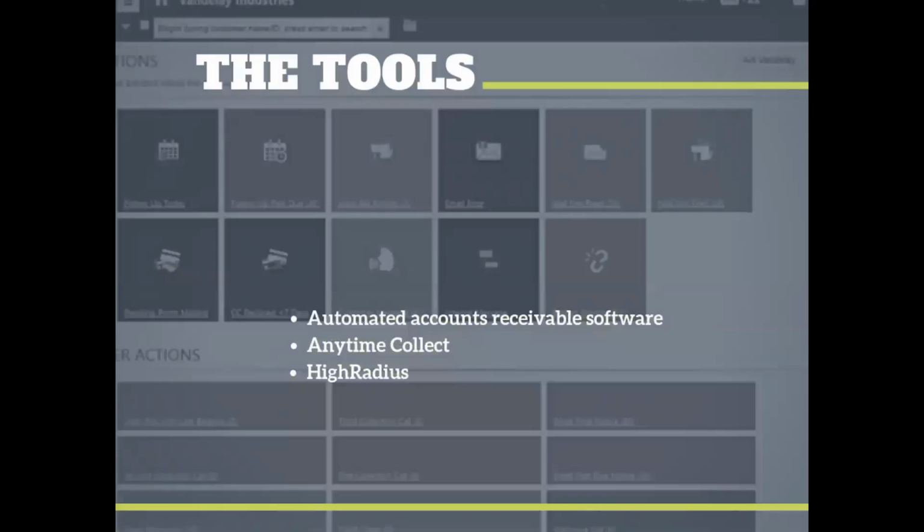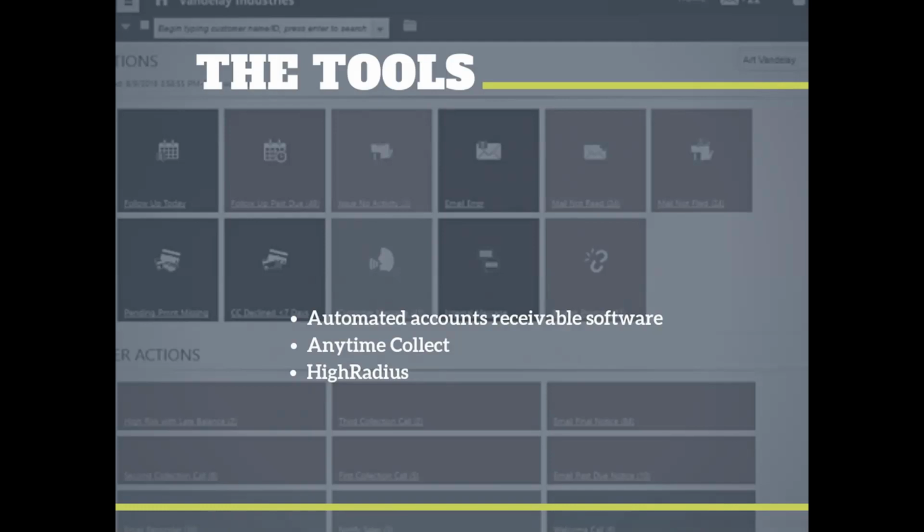And then there's a couple different tools that are out there now already that you can evaluate for automation, as well as the robotic process automation that uses this rules-based workflow to trigger things. So there's a couple different automated accounts receivable softwares out there that can do this. One of them is AnyTimeCollect, and then another one that we're aware of is there is a high radius option.